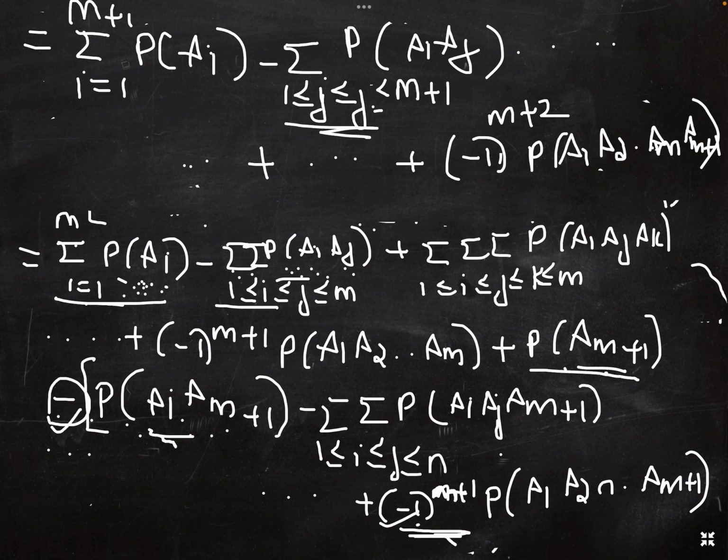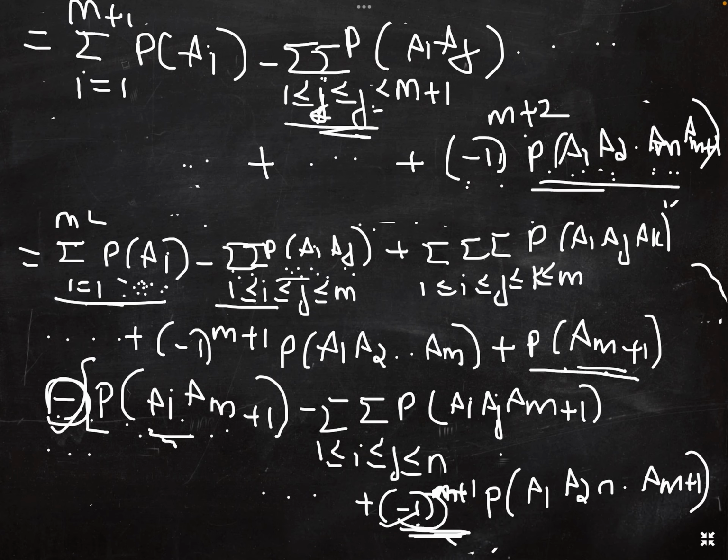So we can write it as summation over 1 less than or equal to i less than or equal to j less than or equal to m plus 1 of p of ai aj, etc. plus this minus and this minus, you can write as minus 1 raised to m plus 2 p of a1 a2 etc. am intersection am plus 1.